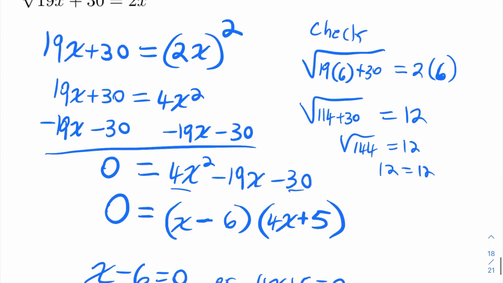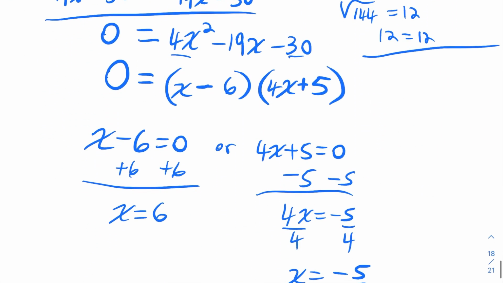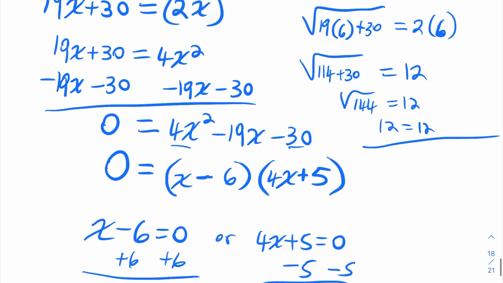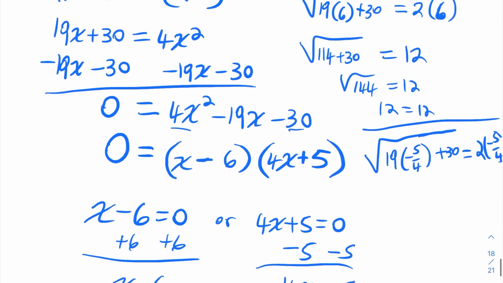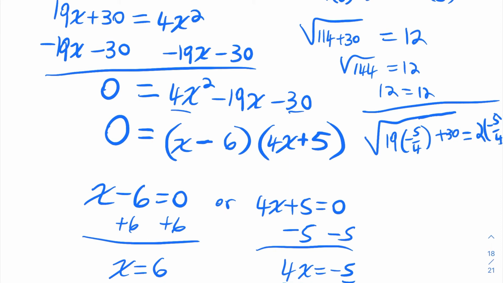Then we'd have to check to see if negative 5 over 4 works. So we'd have the square root of 19 times negative 5 over 4 plus 30 is equal to 2 times negative 5 over 4. Alright, let's check that out to see if that works.